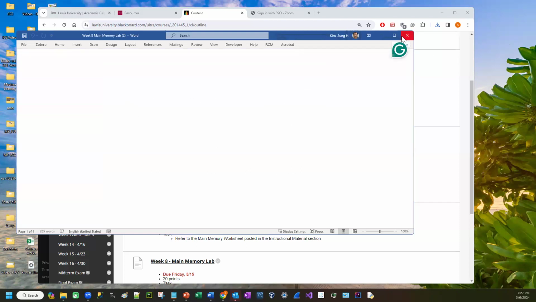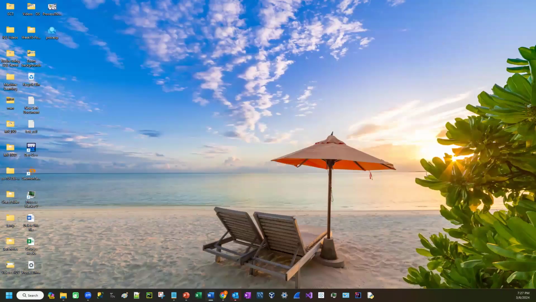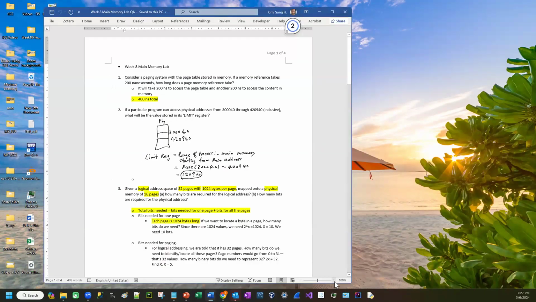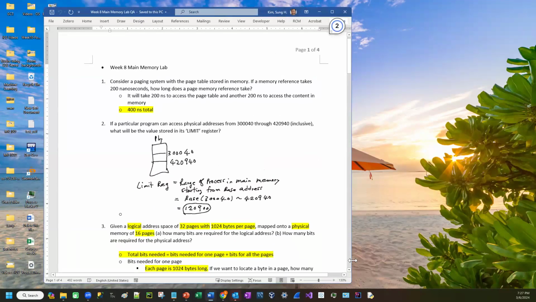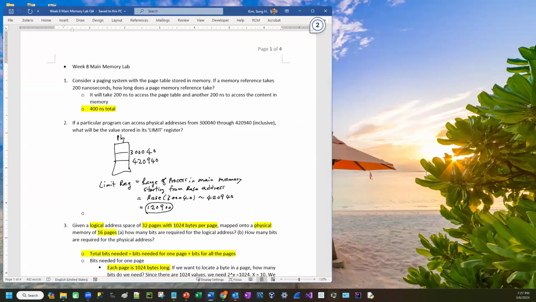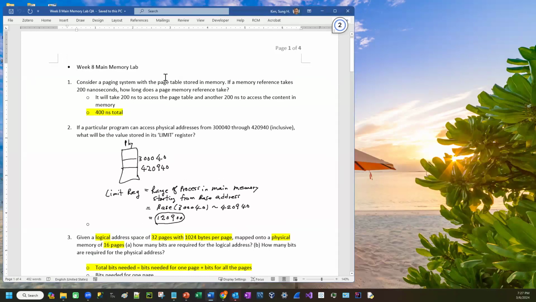I'm going to bring up my own notes. So the first question is, considering the paging system, which we did not cover, so some of these questions are more about paging.